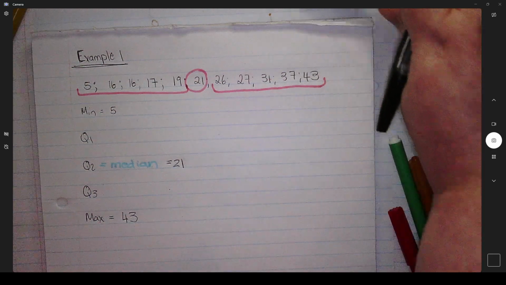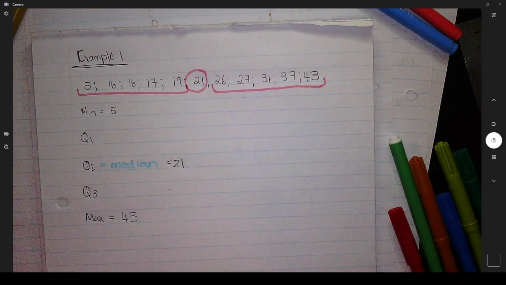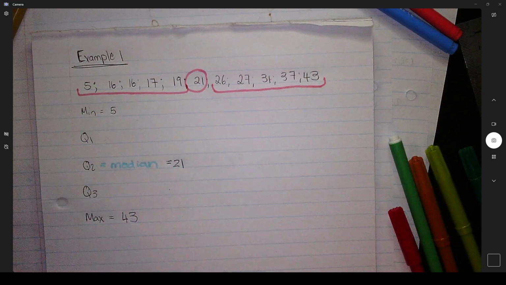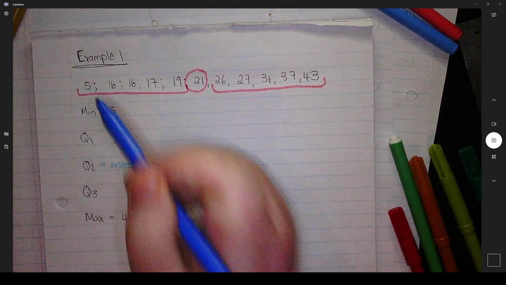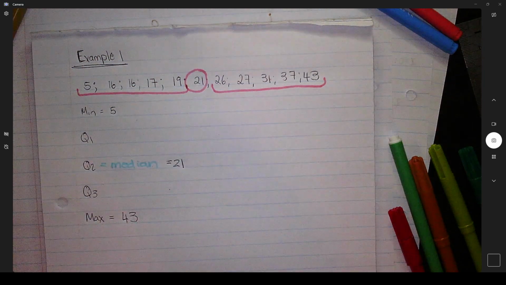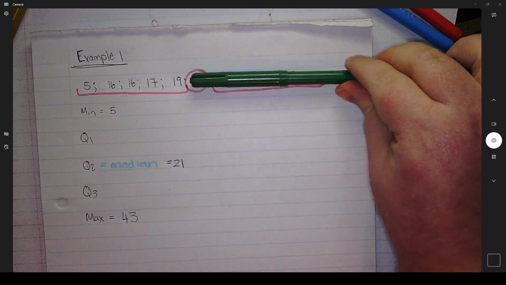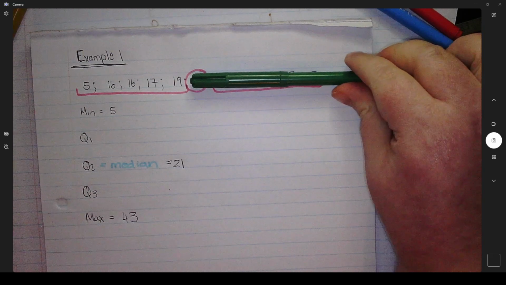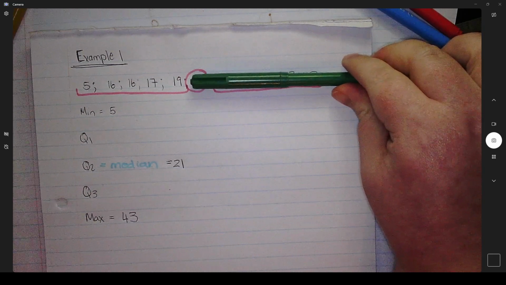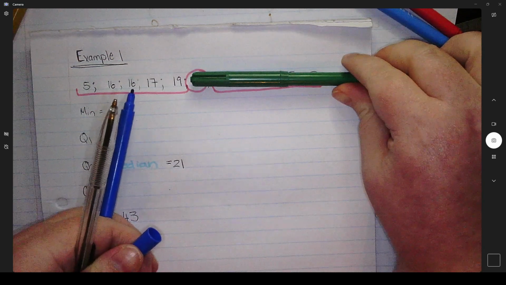Right. After that, we can now go looking for quartile 1. Quartile 1 is the median of this lower half. In other words, if I completely covered that, and I only have these 5 values left, the median would be the second 16. All right? So that is quartile 1.